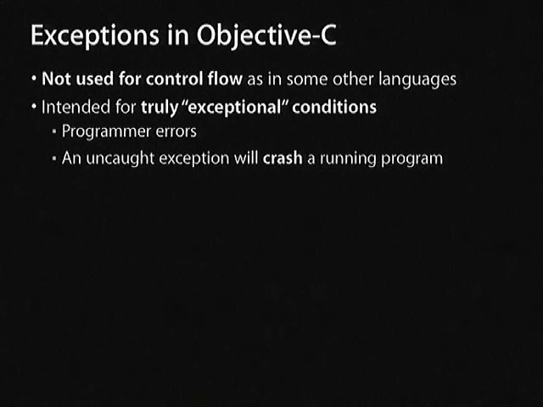So if you have bad data, or if you have something that, as a programmer, you were not expecting to happen, that's the perfect case for an exception. And when actually running, whether it's on device or in the simulator, an exception will crash the application if it's not handled properly. So I'll show you how to catch those and then how to deal with them.